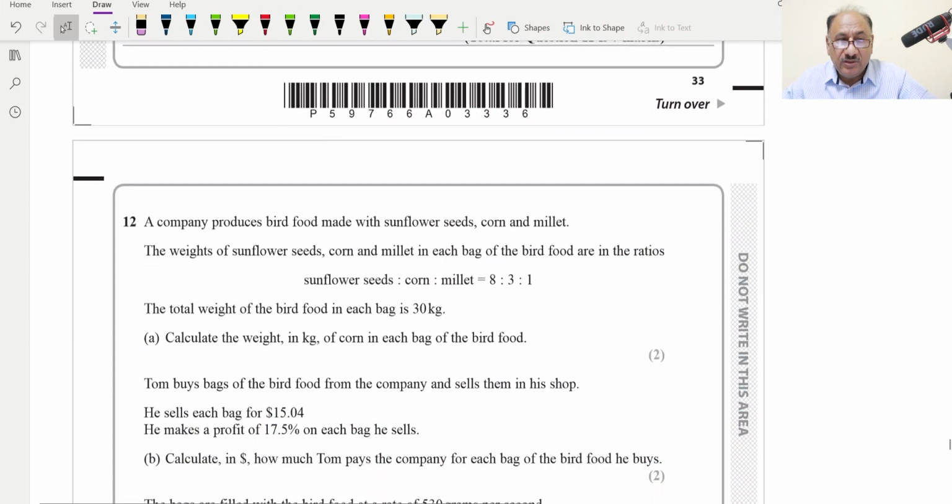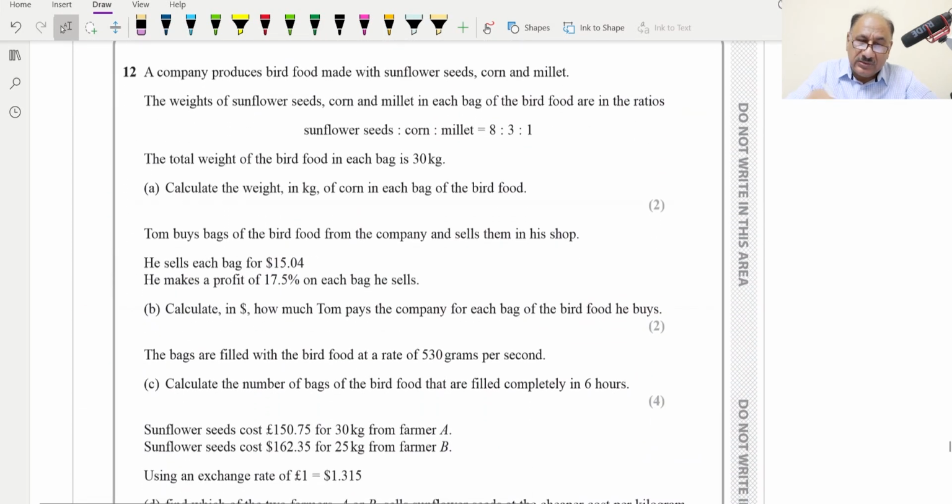Now question number 12. A company produces bird food made with sunflower seeds, corn and millet. The weights of these three are in this ratio. The total weight of the bird food in each bag is 30 kg. Calculate the weight in kilograms of corn in each bag of the bird food. So in each bag we require corn.